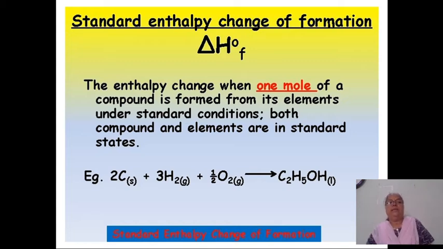The f written at the base of H indicates formation, while the 0 indicates the standard state. It is the enthalpy change when 1 mole of compound is formed from its elements under standard conditions. Both compound and elements are in standard states.